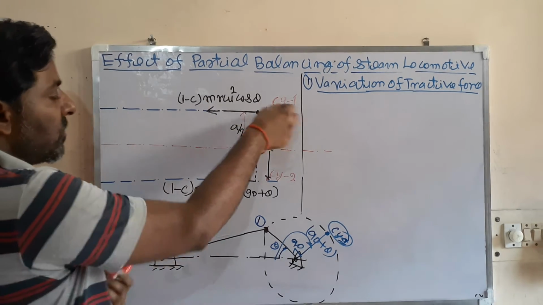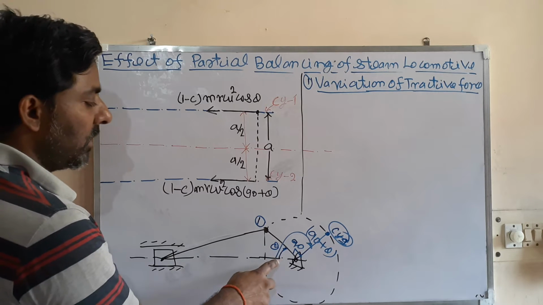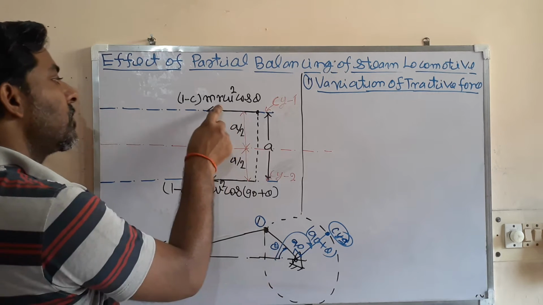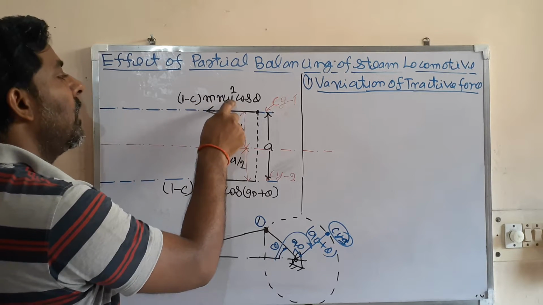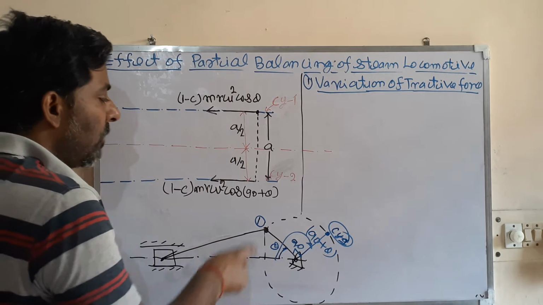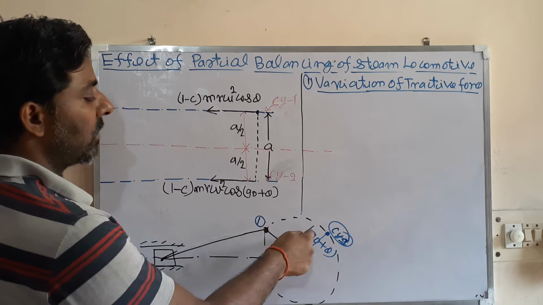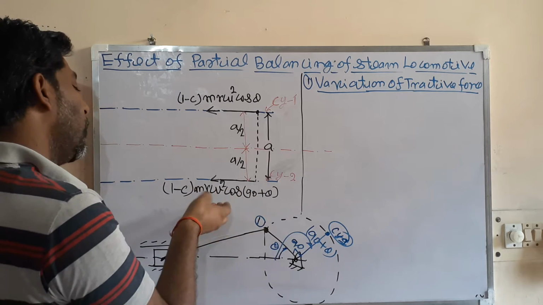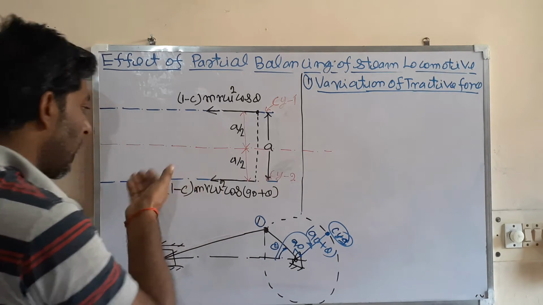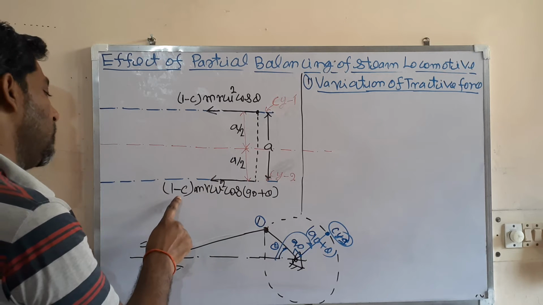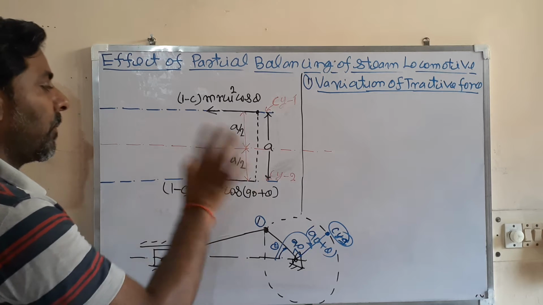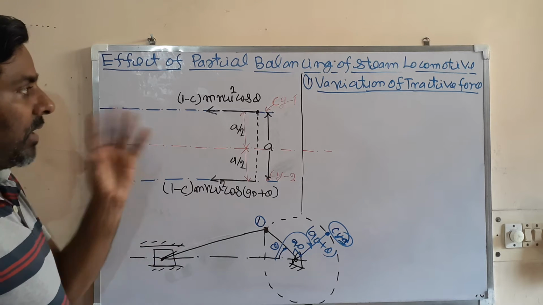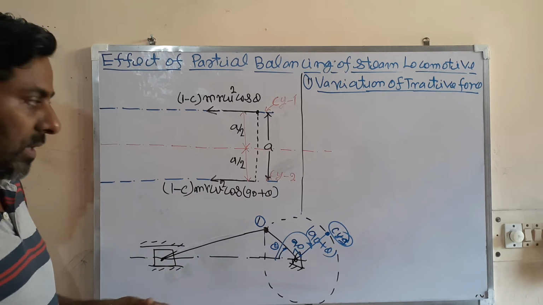So for cylinder 1, the crank angle is theta, and the unbalanced force along the line of stroke is (1 minus c) m r omega square cos theta. For cylinder 2, its angle is 90 plus theta, so the unbalanced force along the line of stroke will be (1 minus c) m r omega square cos(90 degrees plus theta).